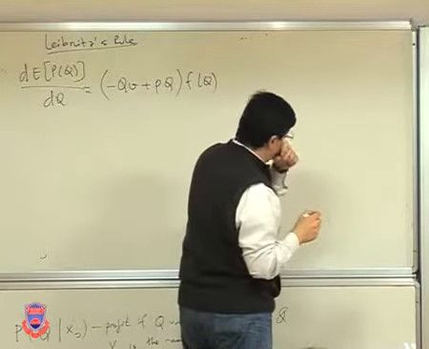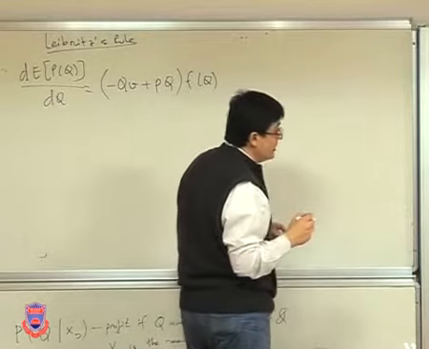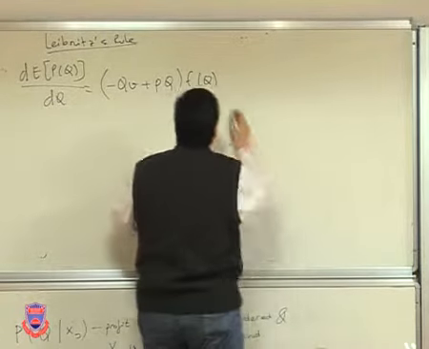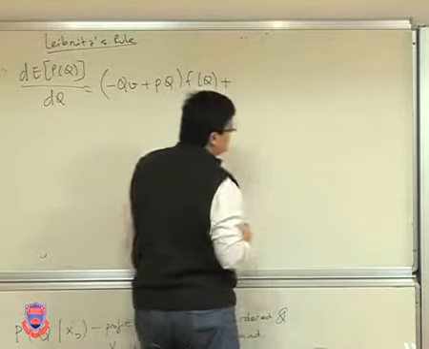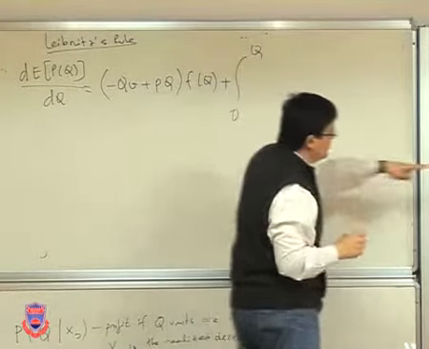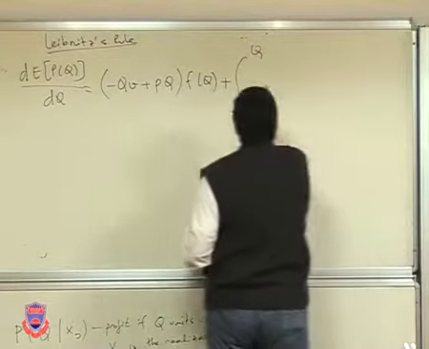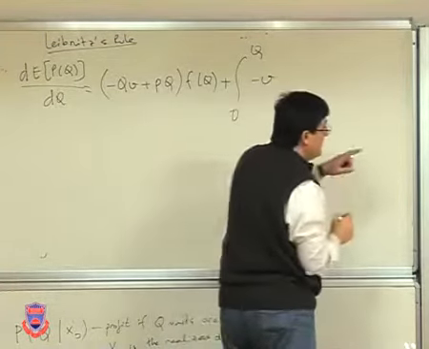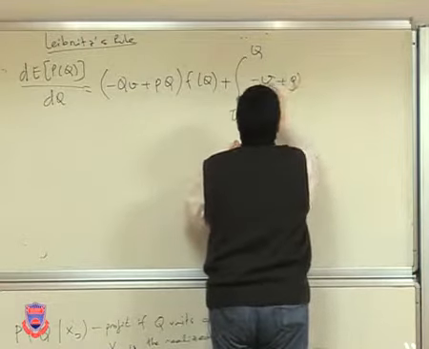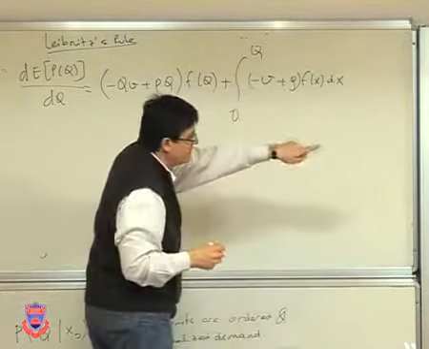And then when I take the derivative of the lower limit, it will be 0. The integral will be kept as is, but I'm going to take the derivative of this term with respect to q, so I will have minus v plus g, f of x dx. So this is the first integral.